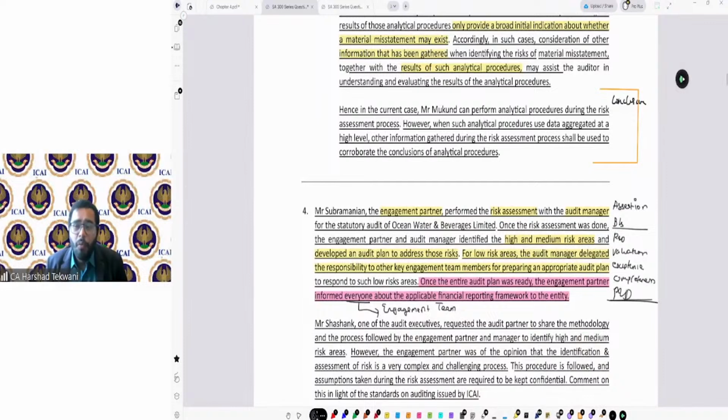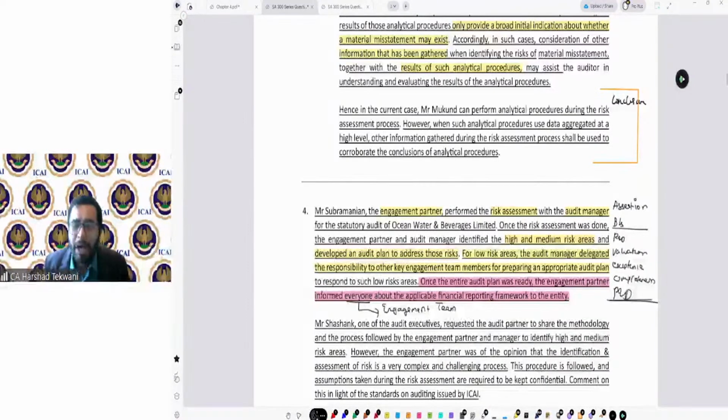For example, if there is a risk that warranty is not appropriately reported in the financial statement, to say that there is a risk to the presentation and disclosure, I need to have clarity on what the requirement of presentation and disclosure is. Before I can comment on whether the risk has an impact on presentation and disclosure, I need clarity on what presentation and disclosure framework or requirements are applicable to me.